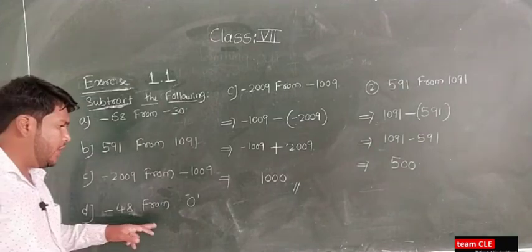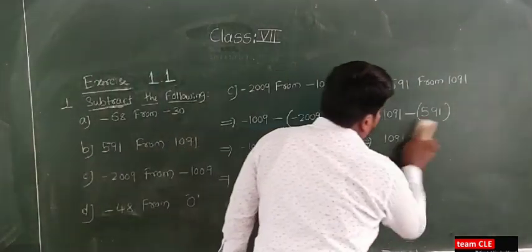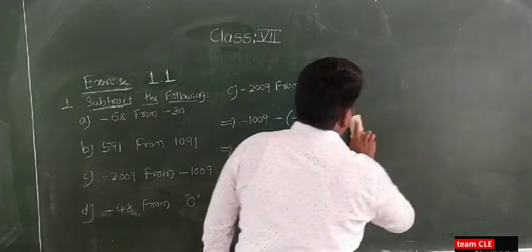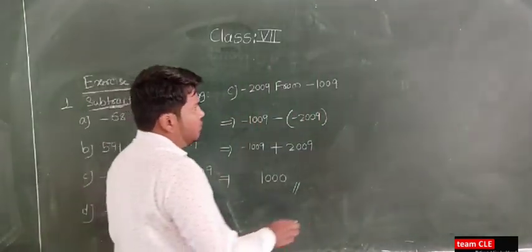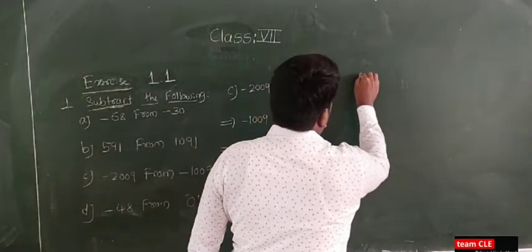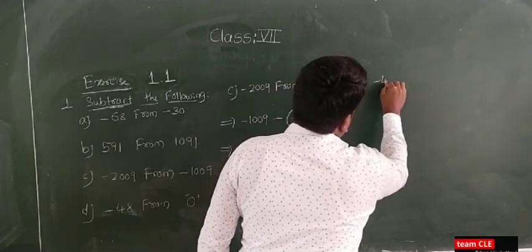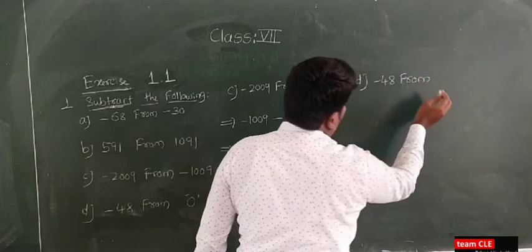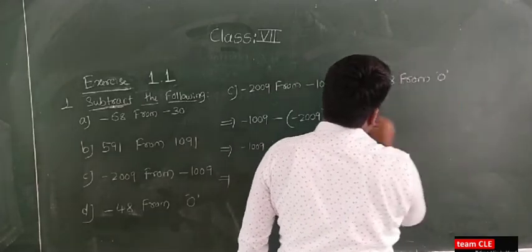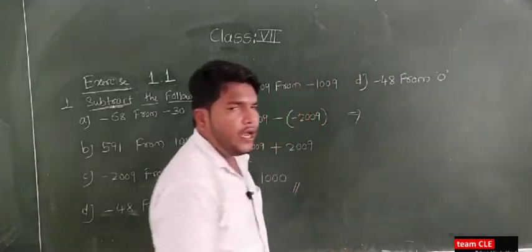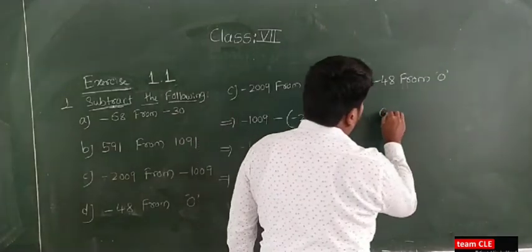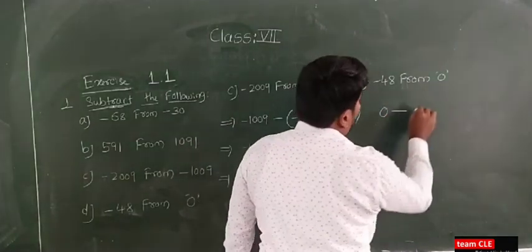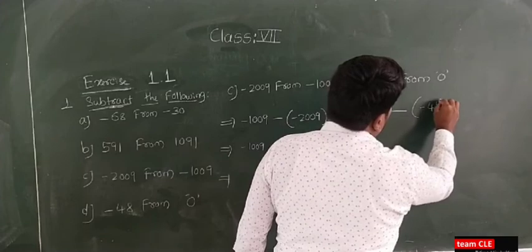The fourth example is minus 48 from 0. Minus 48 from 0 means write 0, subtraction symbol, minus of 48.